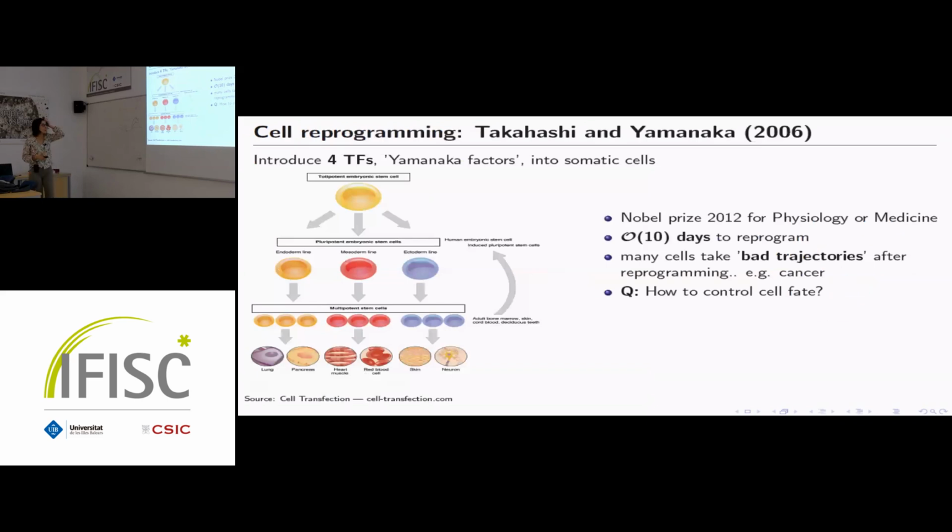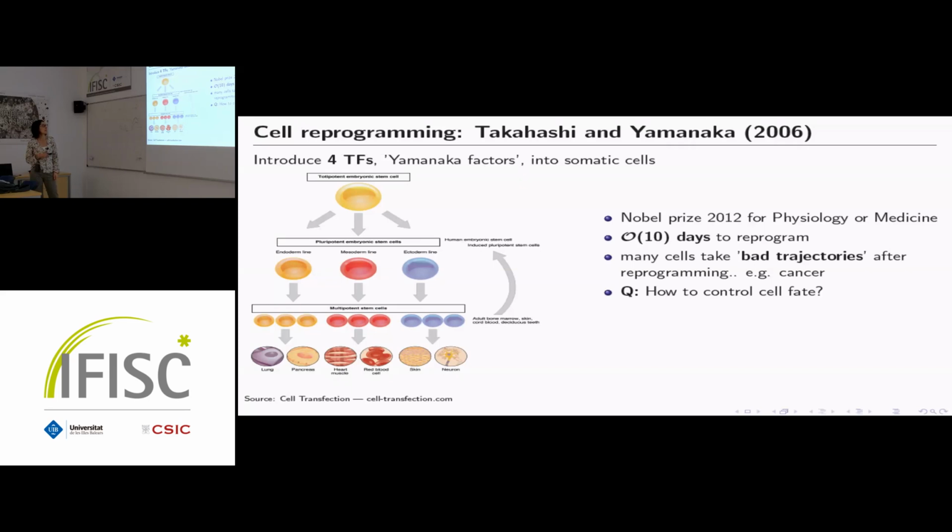Now, cell reprogramming is an experimental protocol pioneered by Takahashi and Yamanaka in 2006, whereby they introduce a cocktail of transcription factors, 4 transcription factors, which are now known as Yamanaka factors.